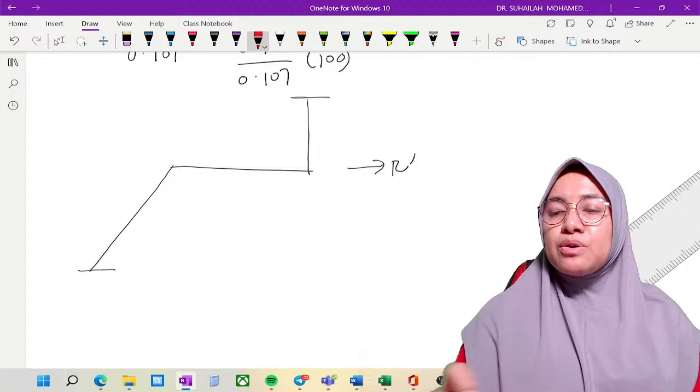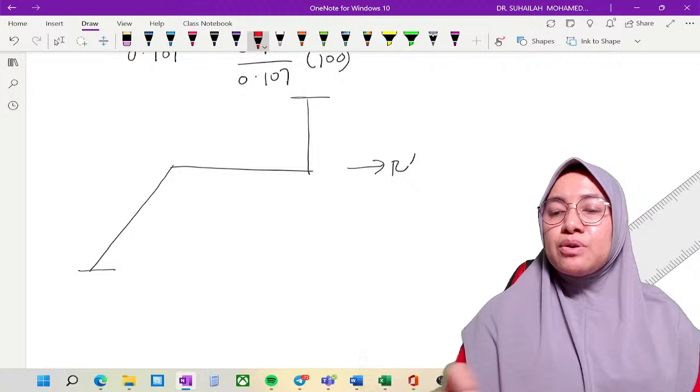Perpendicular with AB is this. Perpendicular with CD is this. Join the new positions of B prime, B and C. We join this as the new position of B.